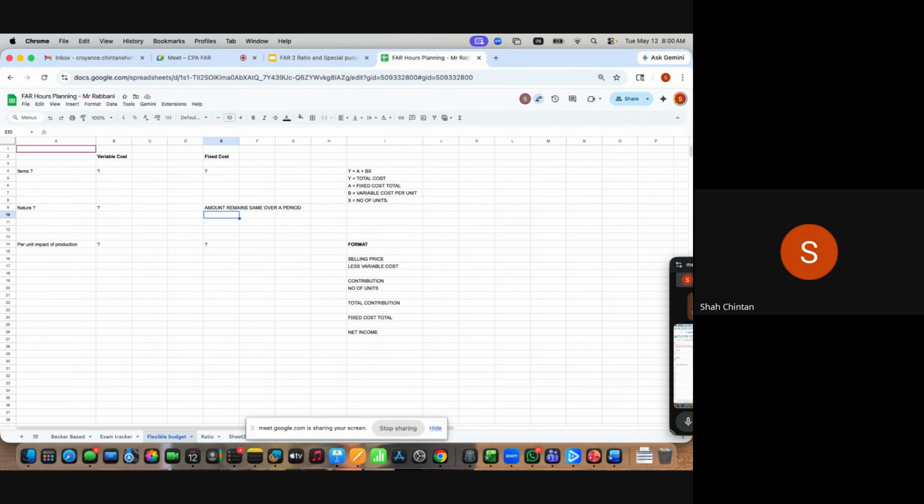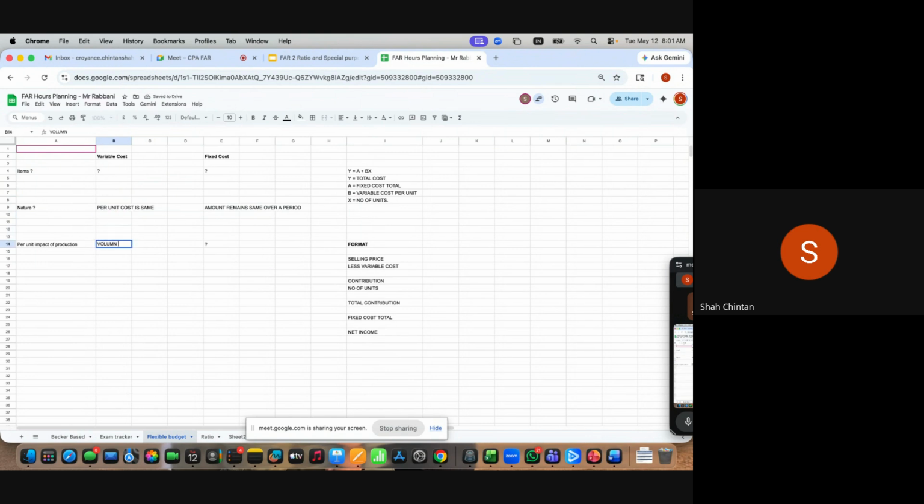So for variable cost, does per unit change or only the total amount change? By per unit, I meant the amount of units you're producing, but the total amount is. The total amount changes, but your per unit cost remains the same. So variable costs are those costs where per unit cost is the same.